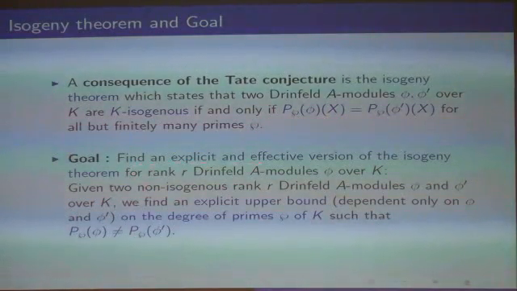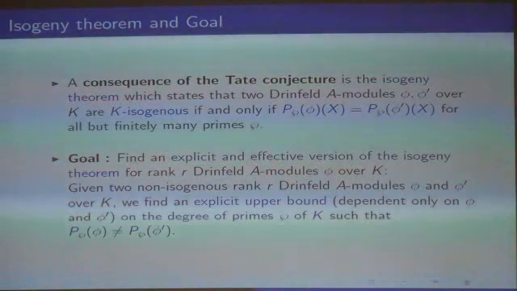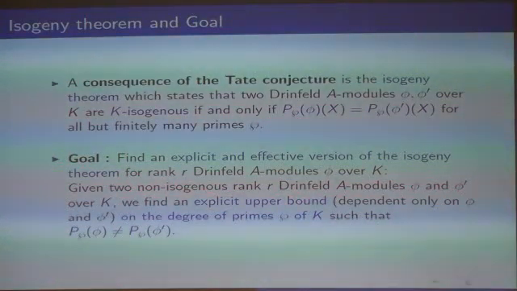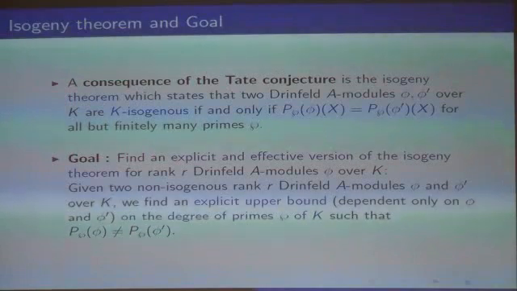Then our goal is to find an explicit and effective version of the isogeny theorem. What do we mean by explicit and effective? We are interested in this. Let's take phi and phi prime. They are non-isogenous. Then the corresponding characteristic polynomials may be different.